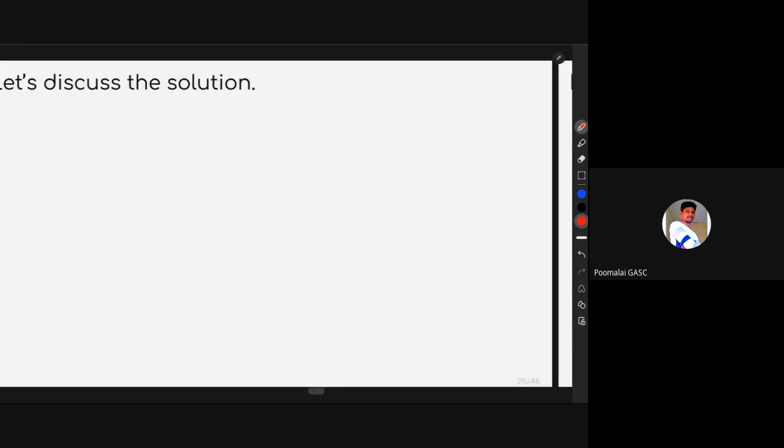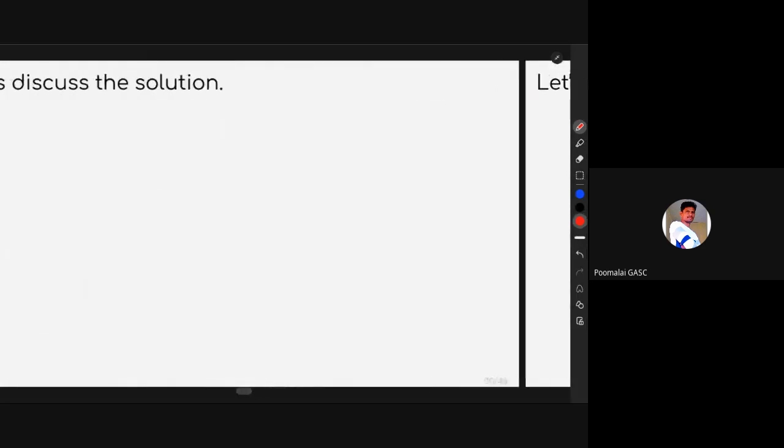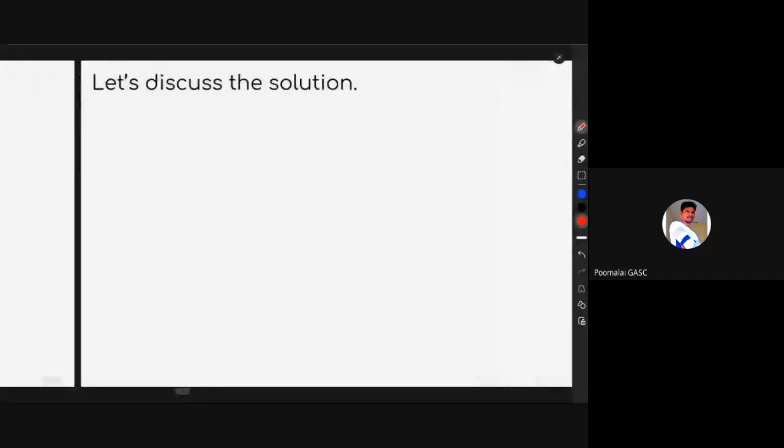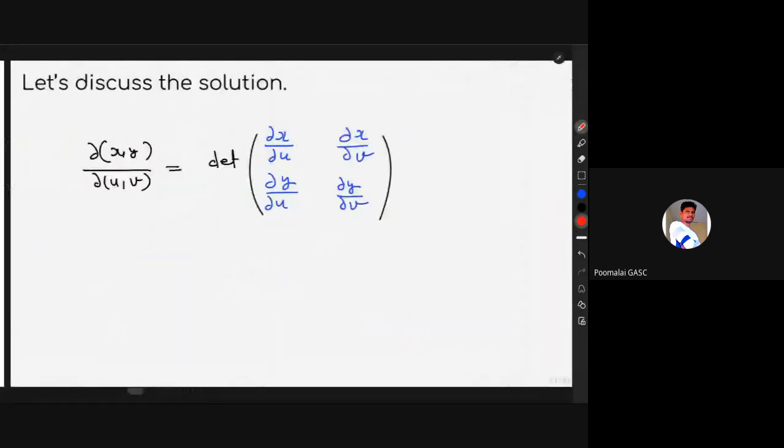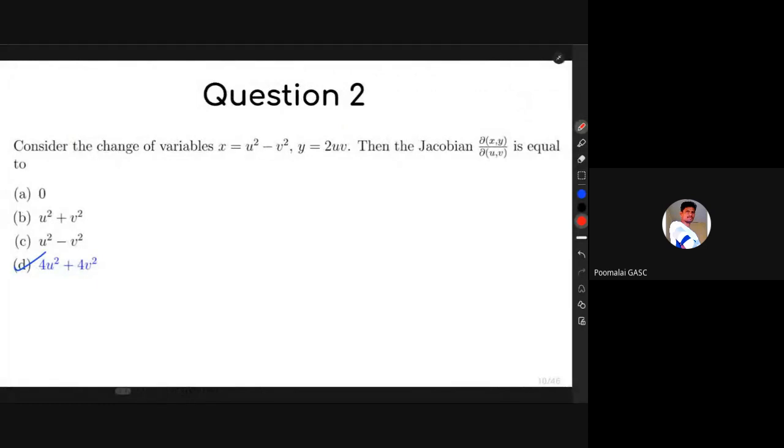We discussed one example, this question number two. This change of variable is not linear in terms of UV. Quadratic equations are coming in. It is a quadratic change of variable, not a linear change of variable, but it is still a change of variable. Can we express a change of variables as a matrix representation?